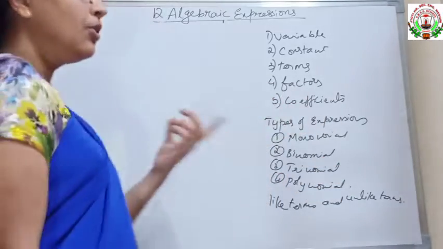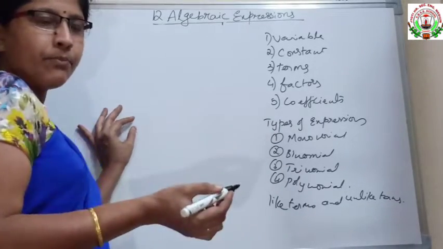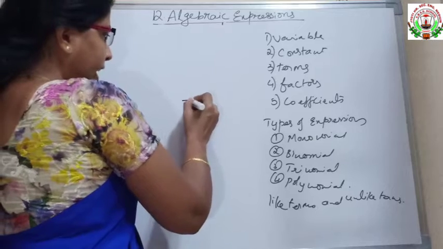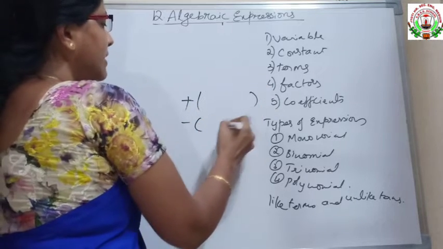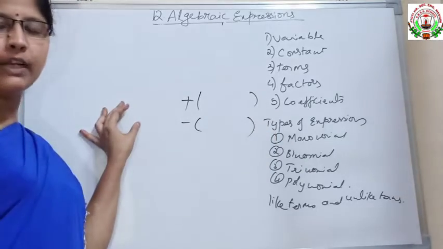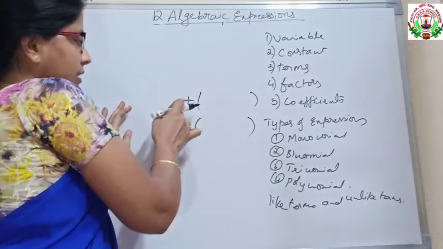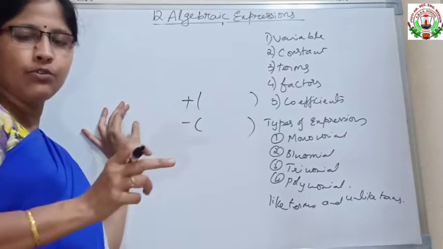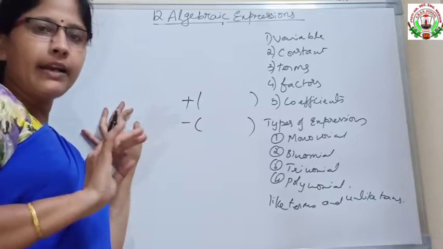I told you, while solving the questions or examples, while writing the second expression, whether it is plus or minus, we have to keep the second expression in brackets, so that when we open the brackets we multiply the outer sign to the inner signs, and then only the sign will come correctly.